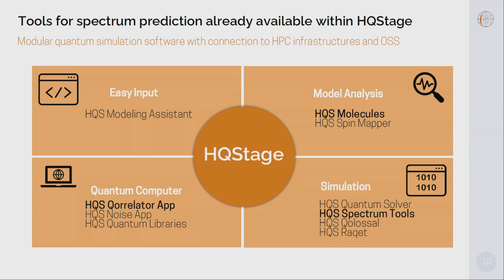So quickly, the stage on which we present the software modules that we worked on, and that we now sell, is what we call SQ stage. On the top left, top right, bottom left, bottom right, there are highlighted the HQS molecules, correlator app, and spectrum tools as software modules within this whole offering, which are specifically tailored to NMR.